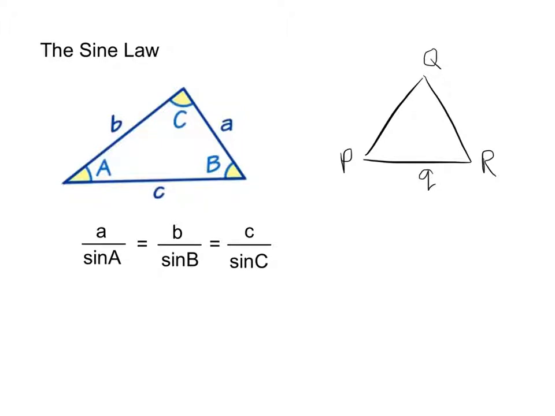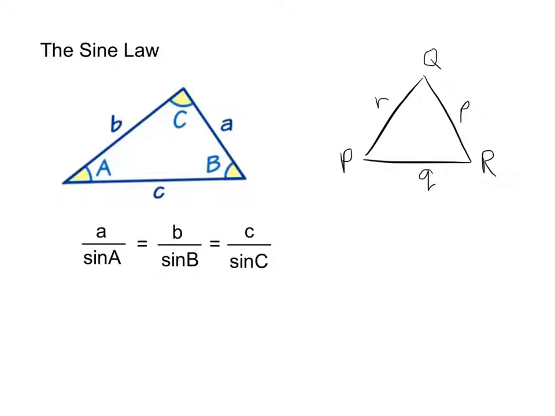And this one? Lowercase p, right. It could also be called uppercase Q, uppercase R. Sometimes you see them labeled that way. But for the purposes of this, we're going to call it lowercase p. And this one over here, the last one, is lowercase r. That labeling is important.